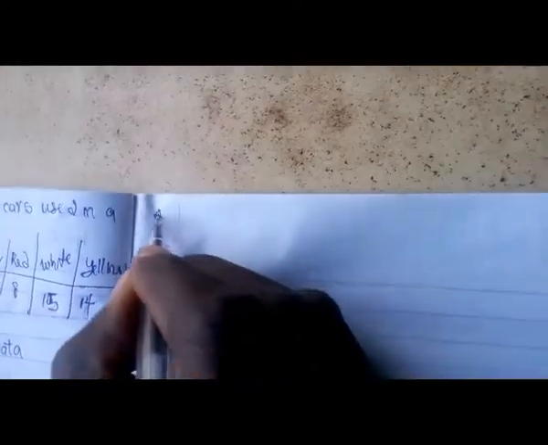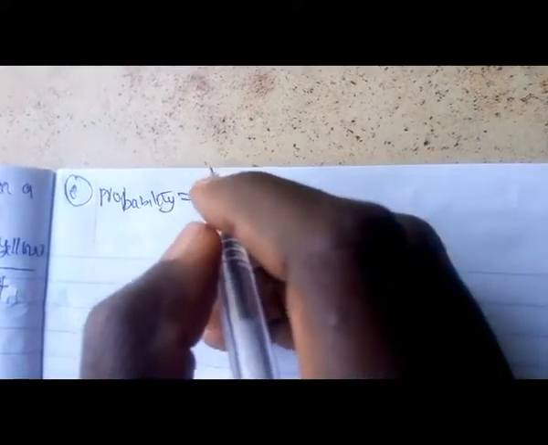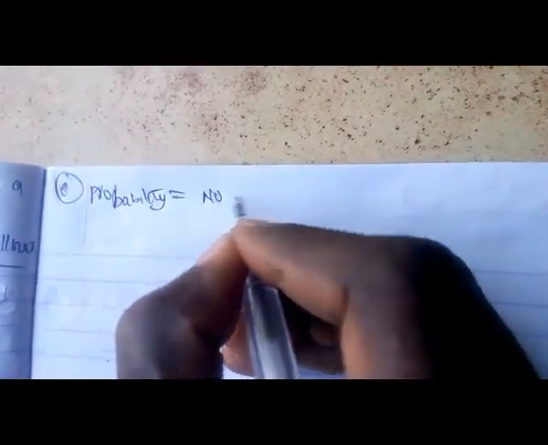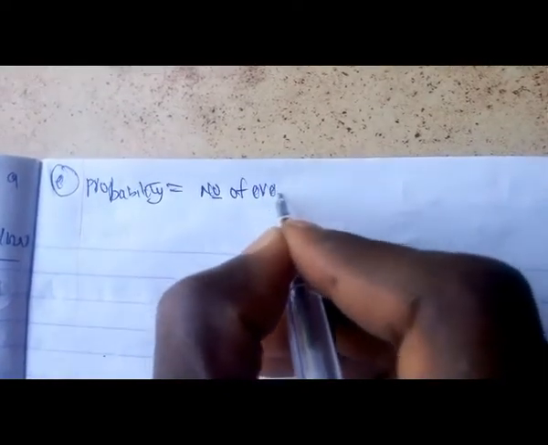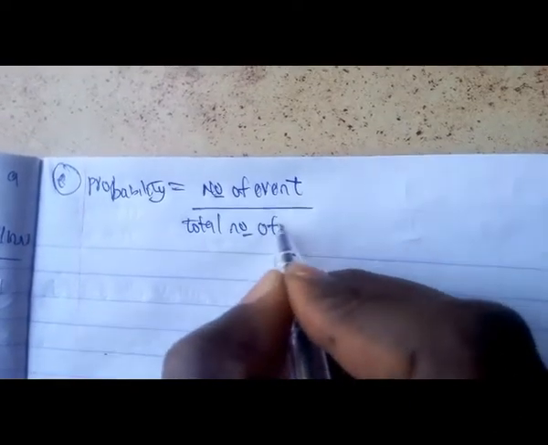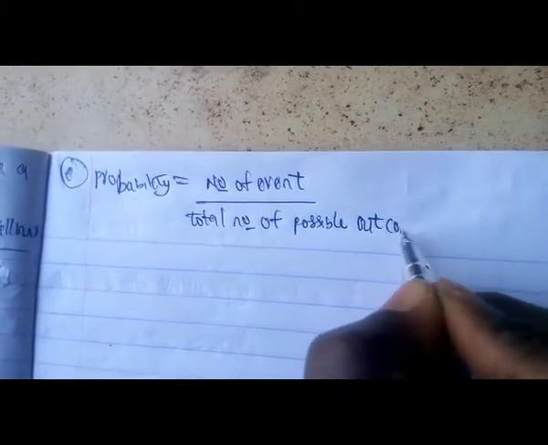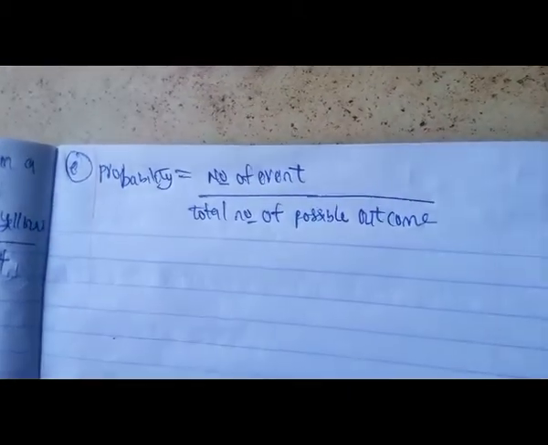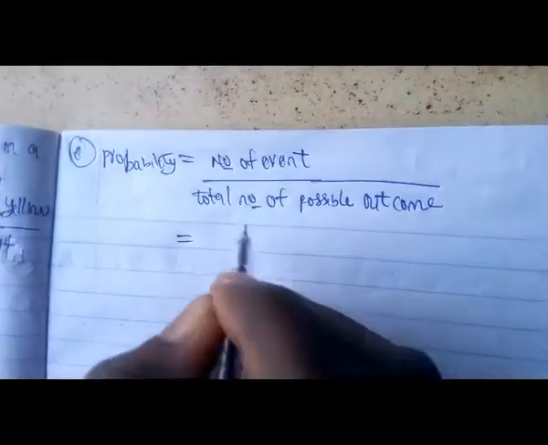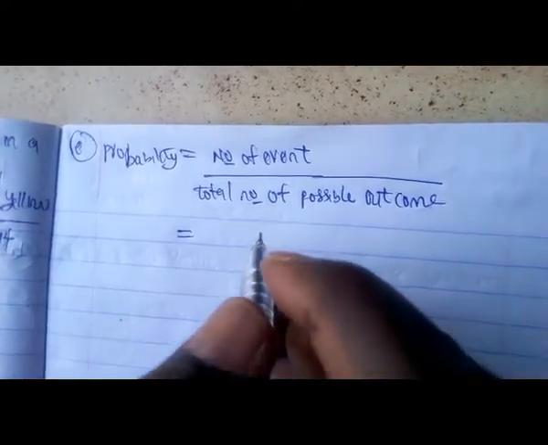Letter E says find the probability of selecting the popular color. In probability, the formula for probability is number of events over total number of possible outcomes. Number of events is what? We are saying find the probability of selecting the popular color, and the popular color is white.